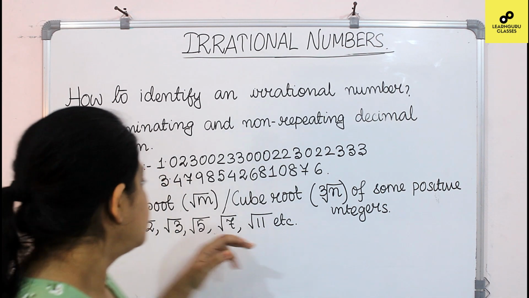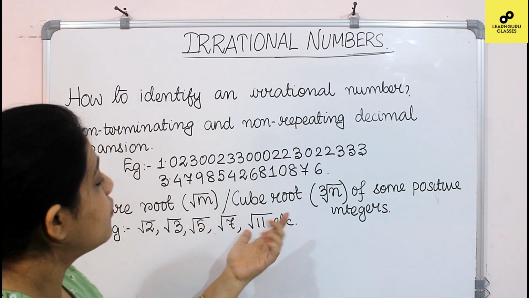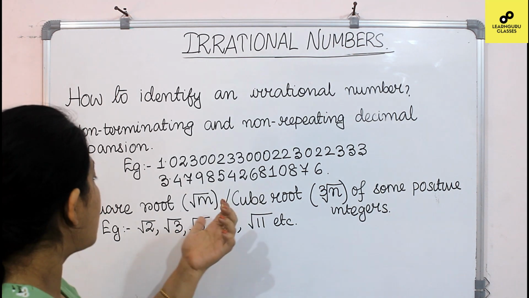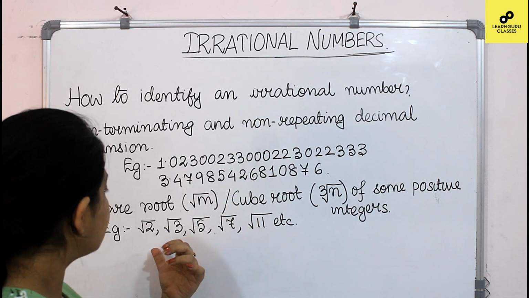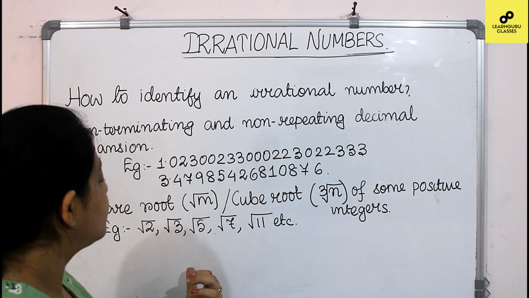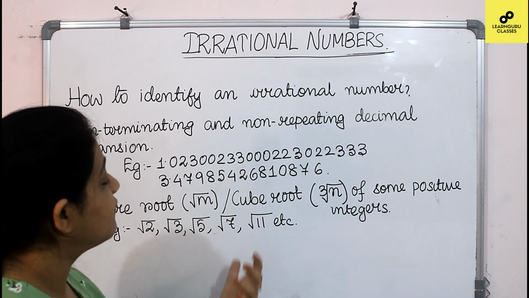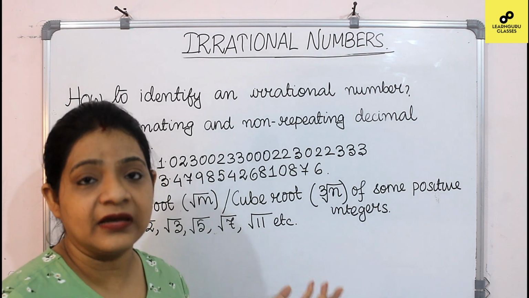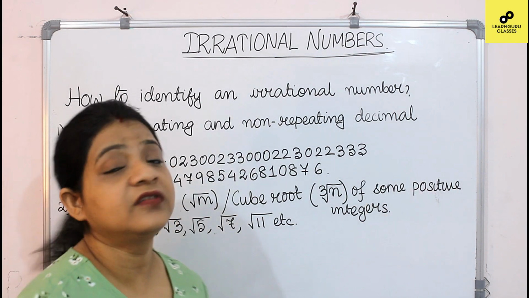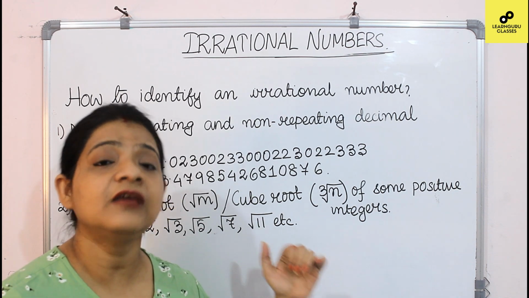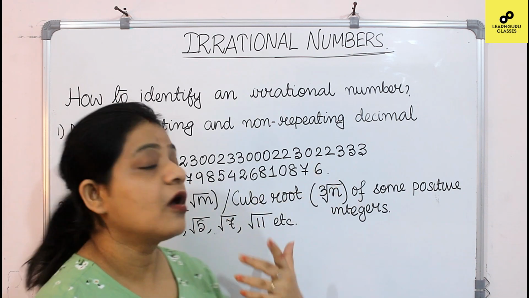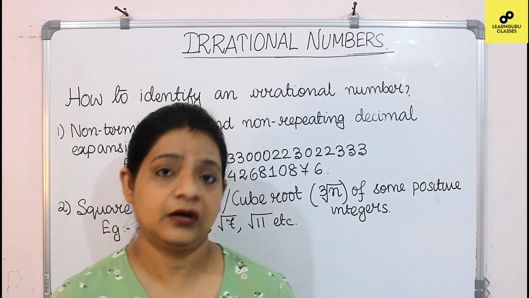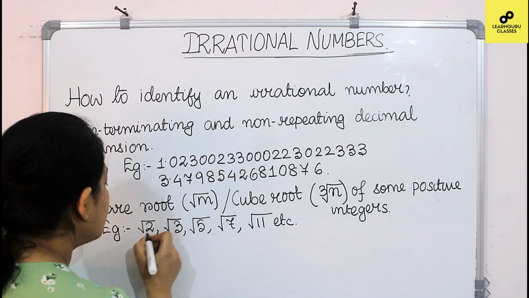Now come to the second point: square root or cube root of some positive integers. Examples such as root over 2, root over 3, root over 5, root over 7, root over 11 are square roots of positive integers, or cube roots of some positive integers. Why I am saying some, I will come to later. But for now, suppose root 2.